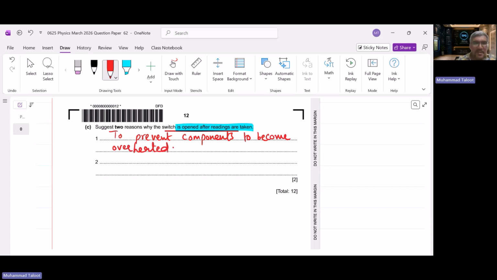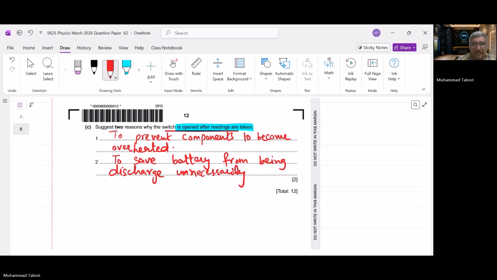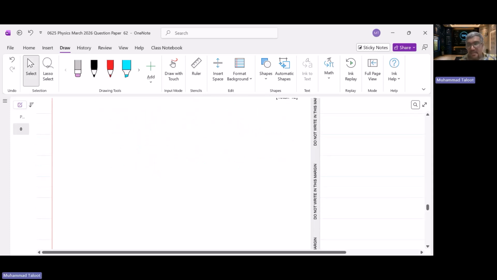This is one. Second, to save the battery from being discharged unnecessarily. So we are done with this question. This is also a big question, by the way.